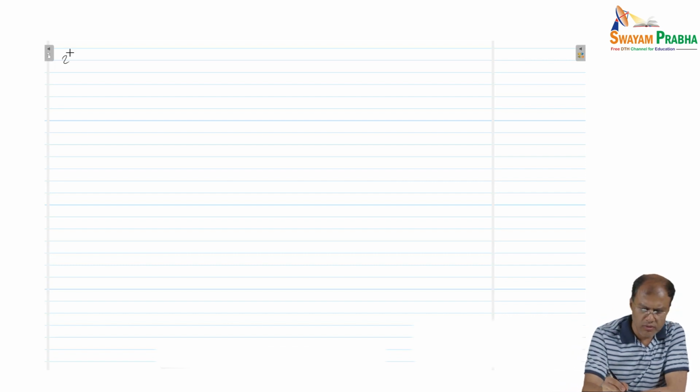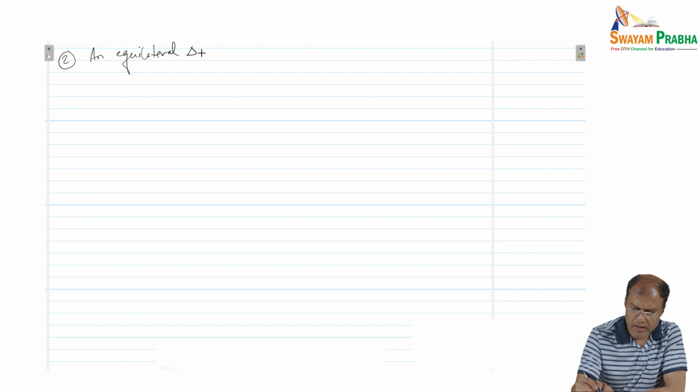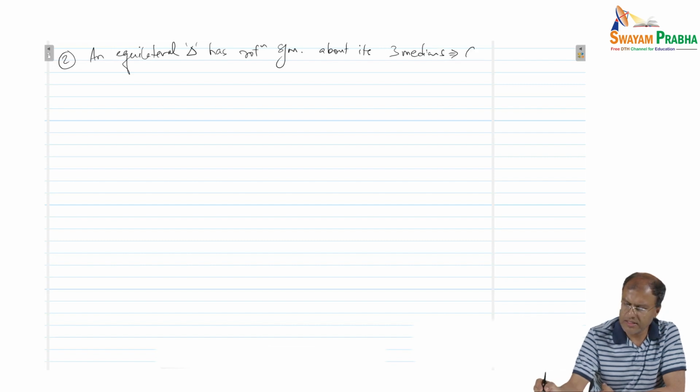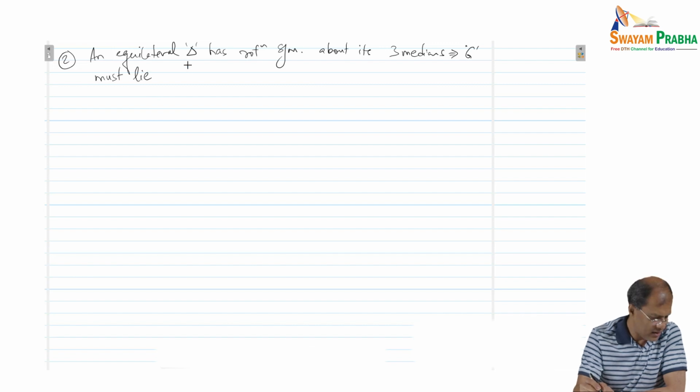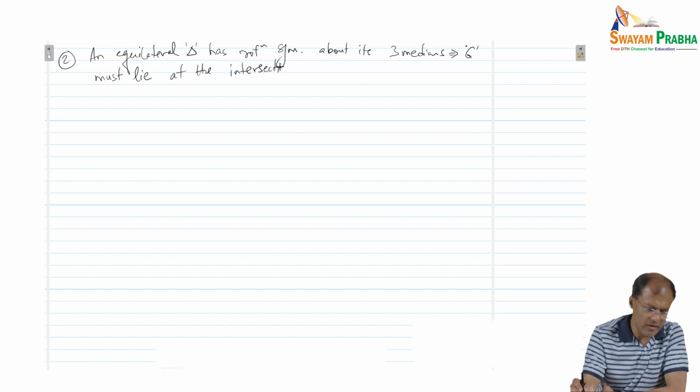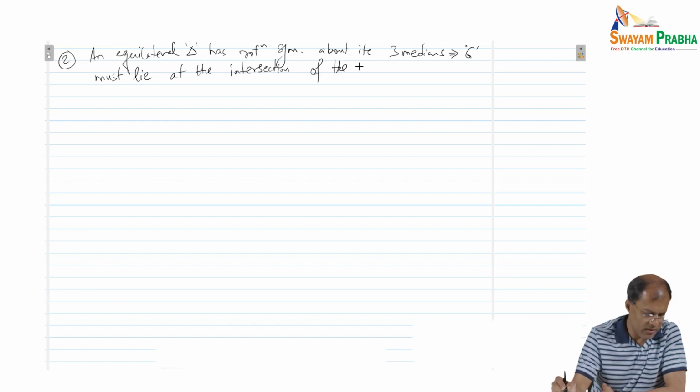Okay, so the second example: an equilateral triangle has rotational symmetry about its three medians, which means that G must lie at the intersection of the medians, right?